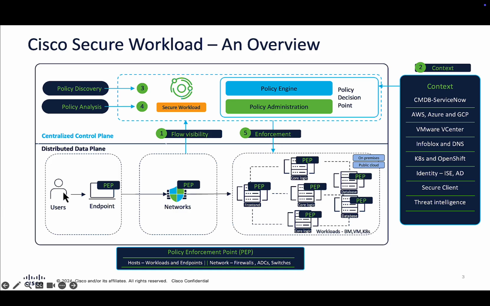A user is logging on to an endpoint device, could be a Windows desktop or a VDI instance, and then it goes over a network, a bunch of network devices, could be load balancers, firewalls, routers, and then eventually it accesses the front end of the application.